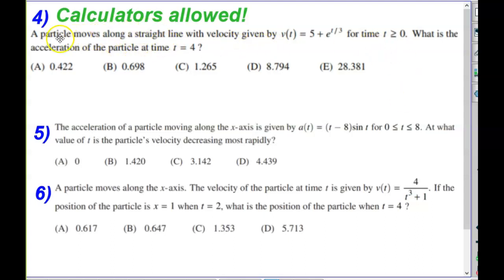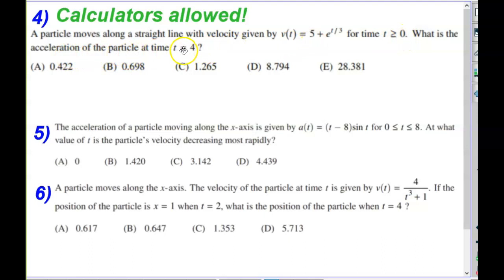But what I want to do is go to y equals and plug in your first answer here. Plug in the equation. Notice how I didn't even read the question yet. I knew it's calculator. So a particle moves along a straight line with the velocity given at this equation whenever time is greater than 0.